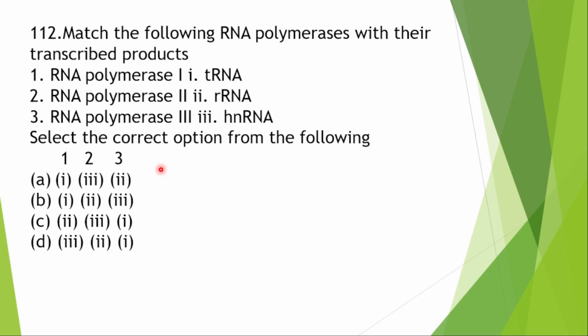Polymerase 1 matches with rRNA, that is 1 is 2, and Pol 2 is matching with hnRNA, 2 is 3. So the right option is option C.